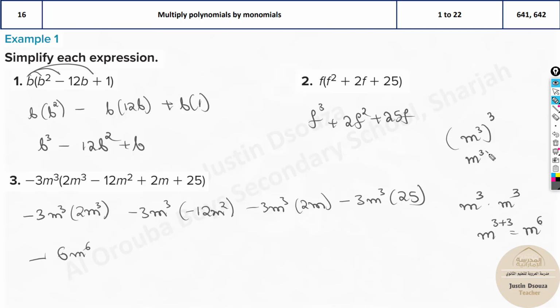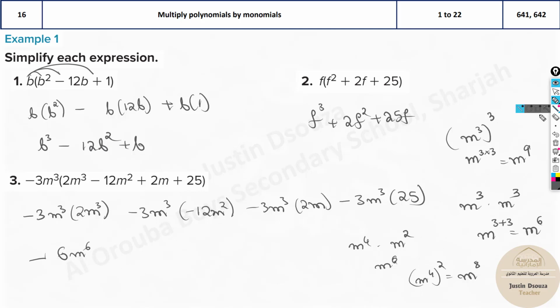It will be 3 multiplied by 3, that is m to the power 9. Understand this very well. When you have m cubed multiplied by another term which is the same base, you add the powers. If it was m to the power 4 multiplied by m power 2, it will be m power 6. But if it was m power 4 the whole square, then you multiply and write m power 8, 4 times 2. So this is the difference. I hope this is clear.